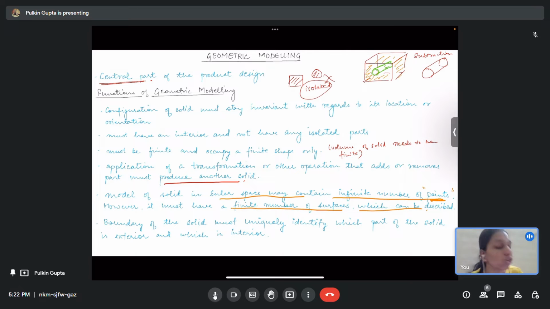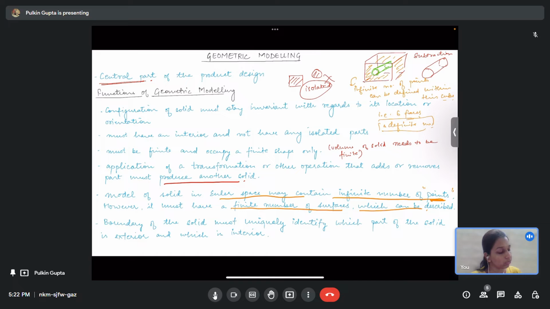Inside this cube, you can define an infinite number of points, but it has a definite number of surfaces, that is, it has 6 faces, which is the requirement, and hence it has a fixed volume.